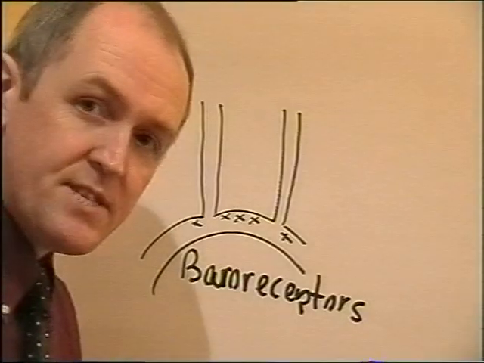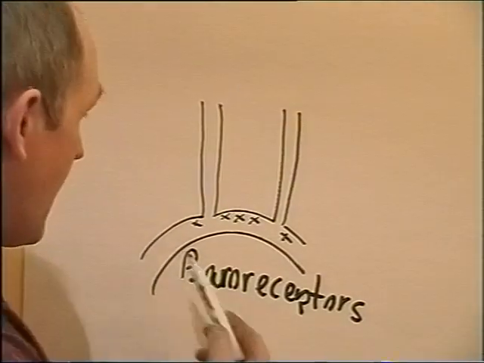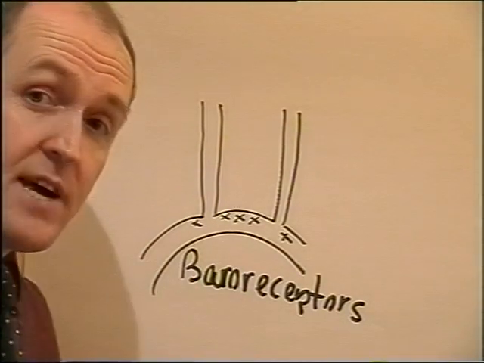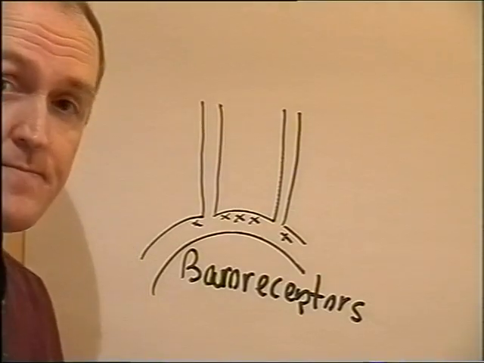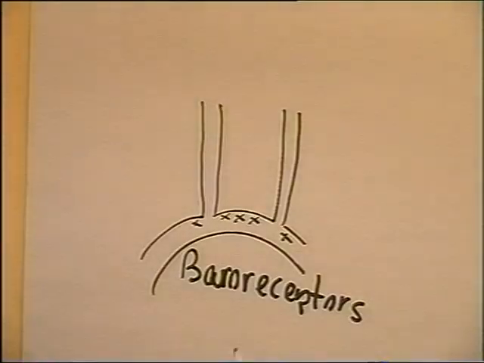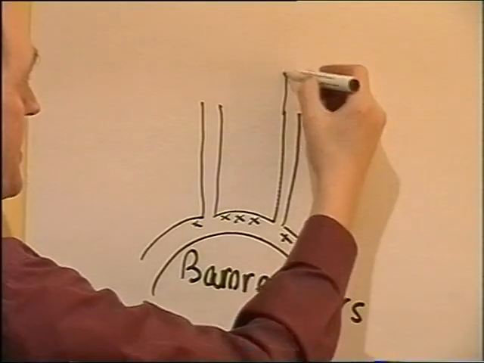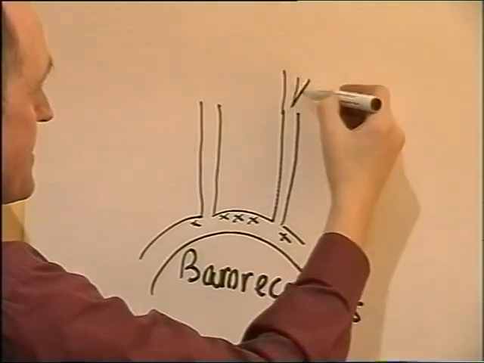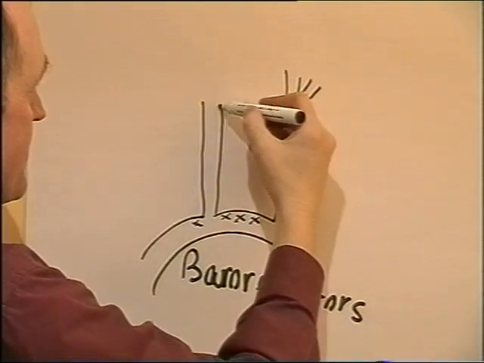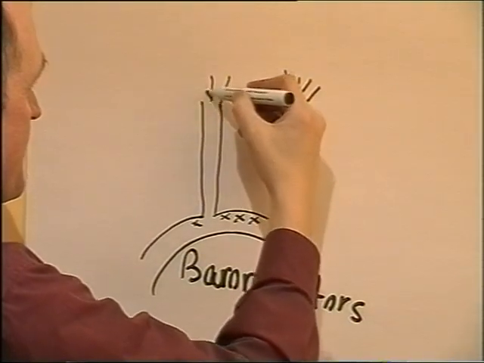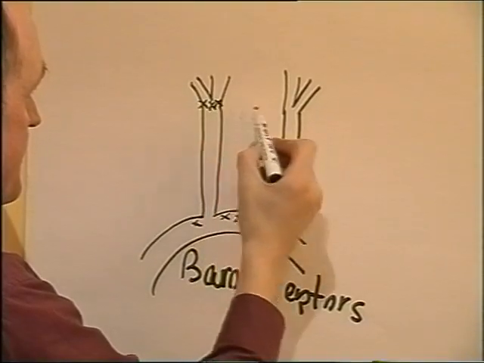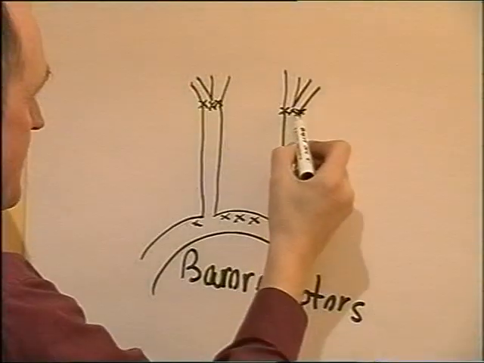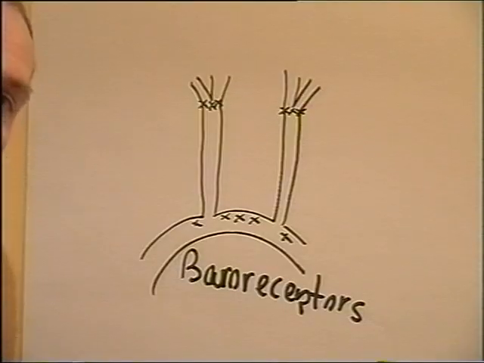So there are baroreceptors in the arch of the aorta, in the wall of the aorta, which are detecting blood pressure. Then further up, the carotid arteries bifurcate in the area of the carotid sinus. There are more pressure receptors here, and again, they respond to blood pressure.